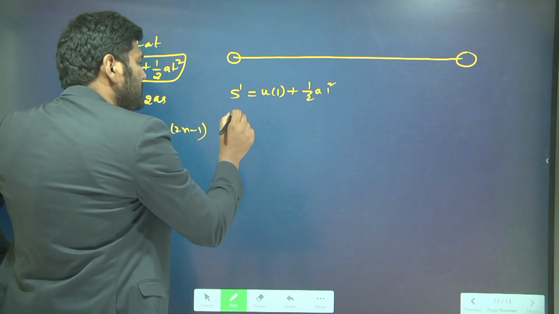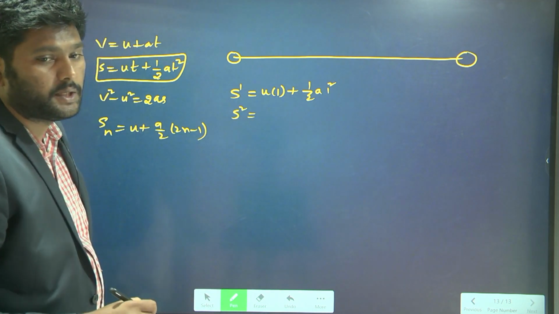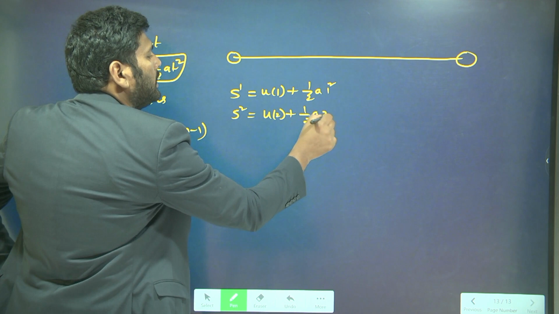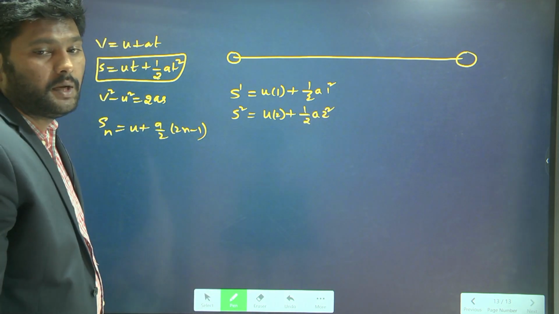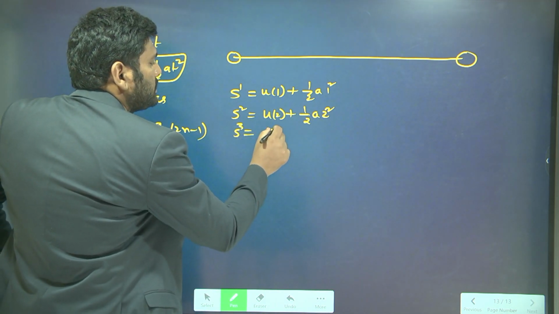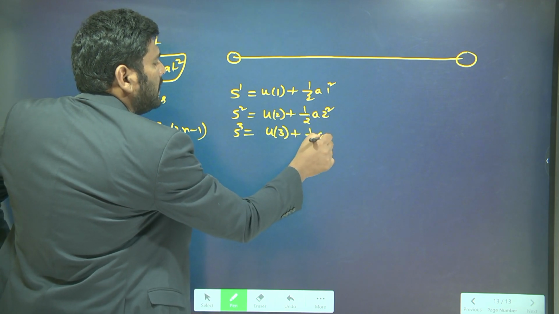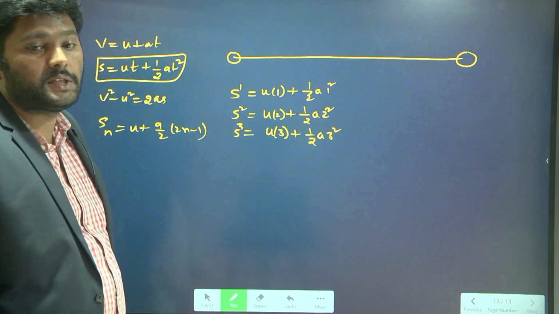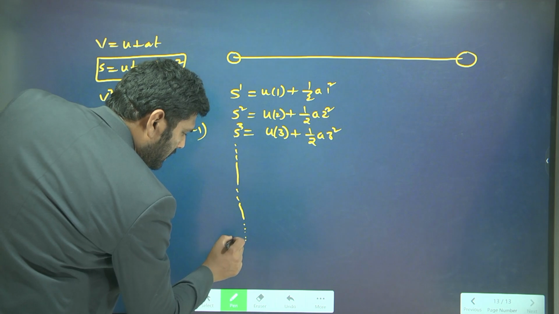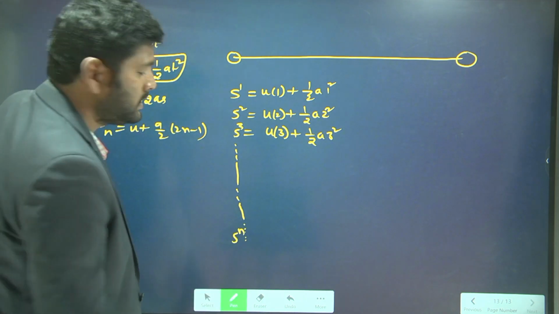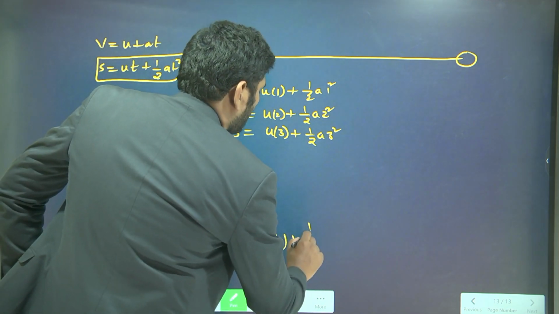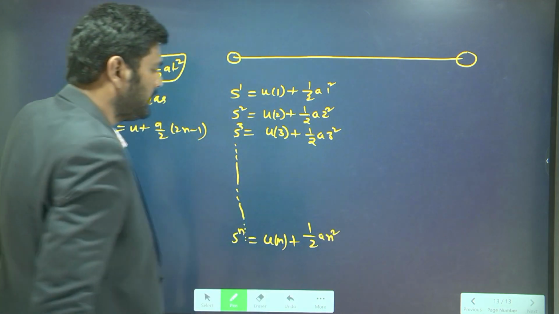Similarly, the distance traveled in 2 seconds is S2 equals u of 2 plus half a 2 squared. The distance traveled in 3 seconds is u of 3 plus half a 3 squared. And so on, the distance traveled in n seconds is equal to u of n plus half a n squared.